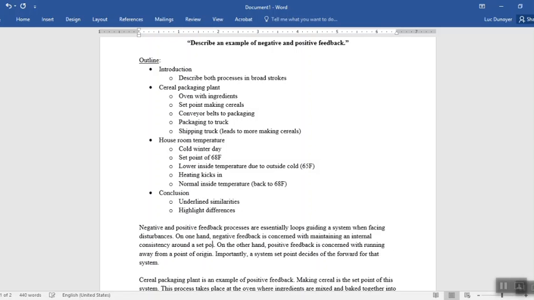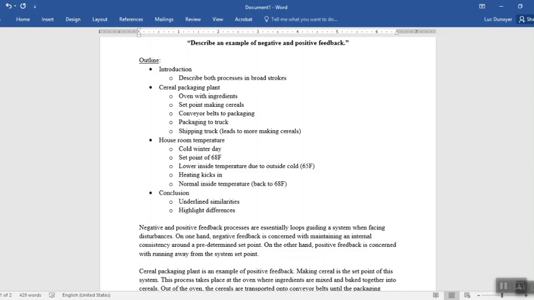So I want to make sure here I'm reading that sentence at the end, important, the system set point, all of that is kind of out of place. I want to input set point in each of those two first sentences before that. Like that I can take care of the last sentence. So I can say from the system set points around a predetermined set point, and now I can do that whole sentence because I don't need a separate sentence, I put it in. And you can see now the two sentences, on one hand, on the other hand, are kind of mirroring each other. It's pretty good.